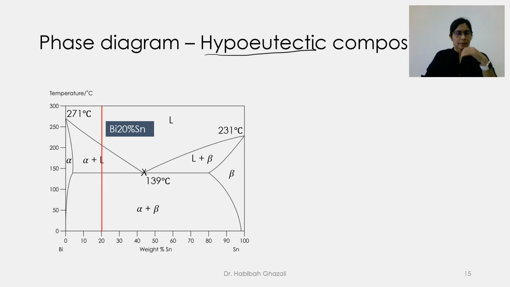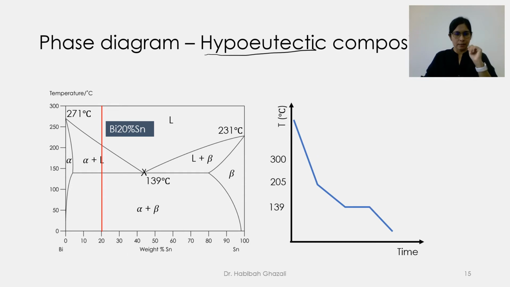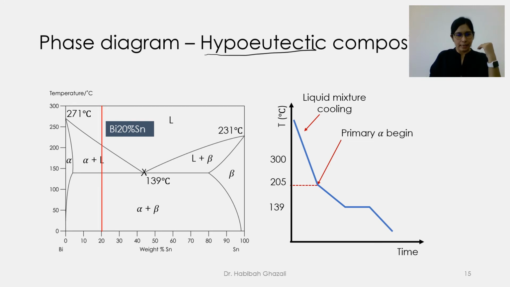So what happens during solidification is the cooling curve will look like this. As soon as we drop the temperature of the molten metal and it reaches 205 degrees Celsius, solidification will start. The phase of solid solution that starts to form is the alpha solid solution.